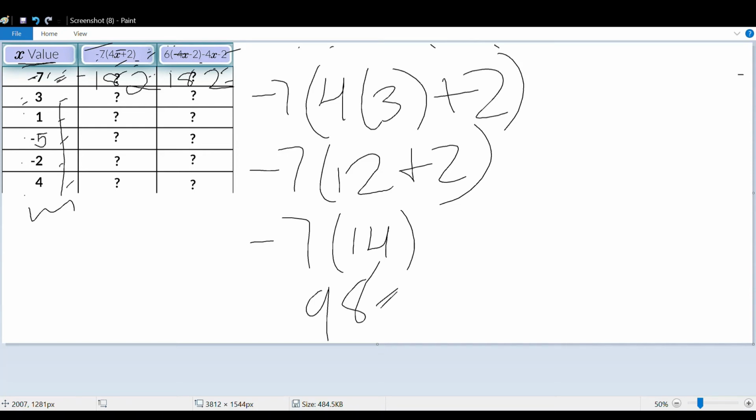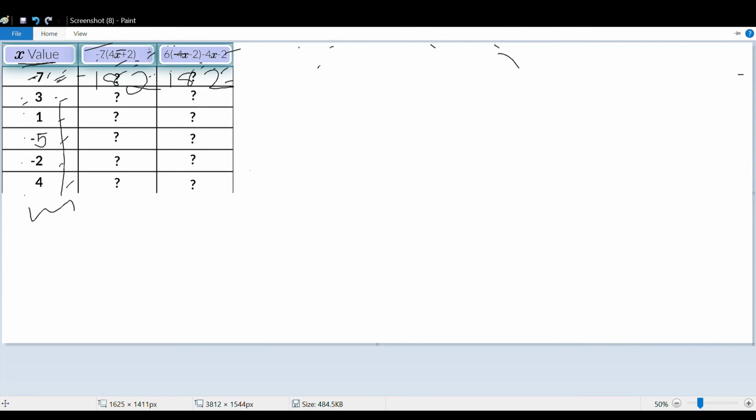Now let's put 3 into the other equation and see what we get. Let's write 98 as the answer here. We should hope for 98 as well, because we put -7 and we got the same answer. So assuming that they're equivalent equations, we have to get 98 in this one too.